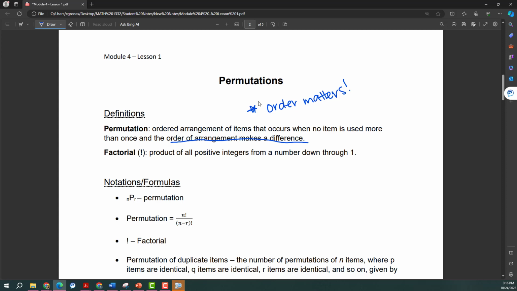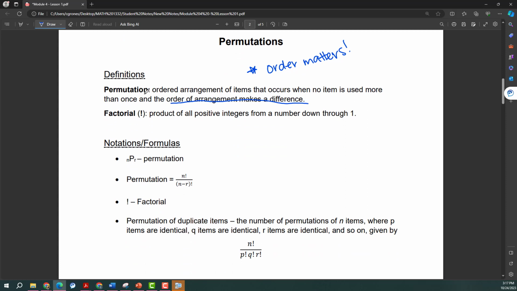That's like first, second, third place. That order matters. President, vice president, they'll ask you stuff with that. So to find the number of ways for items to be arranged, we use the permutation formula.